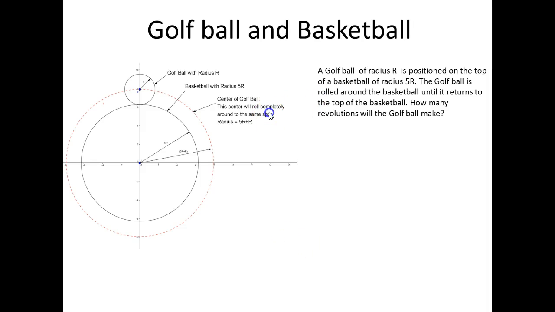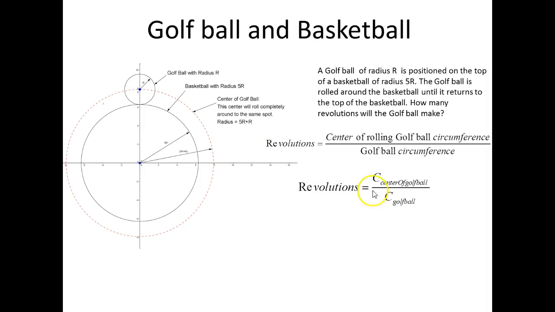Now, how many revolutions are we going to make? Well, we have to calculate that. We want the circumference of the path of the center of the rolling golf ball, that red circle, divided by the golf ball circumference, which is 2 pi times r.